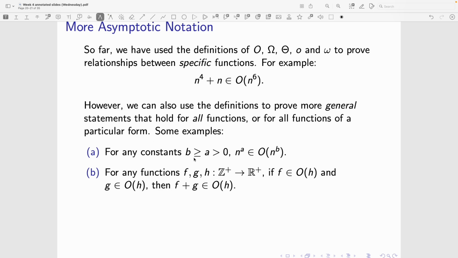So this is one thing that applies. I'll prove it if we have time, but if not, you could just read the proof and then it'll just work. For any constants b greater than or equal to a, greater than 0, n to the a is in big O of n to the b. So that means n is in big O of n squared.